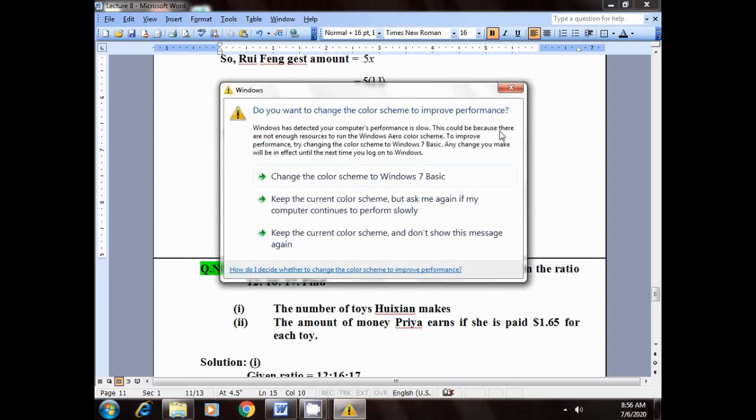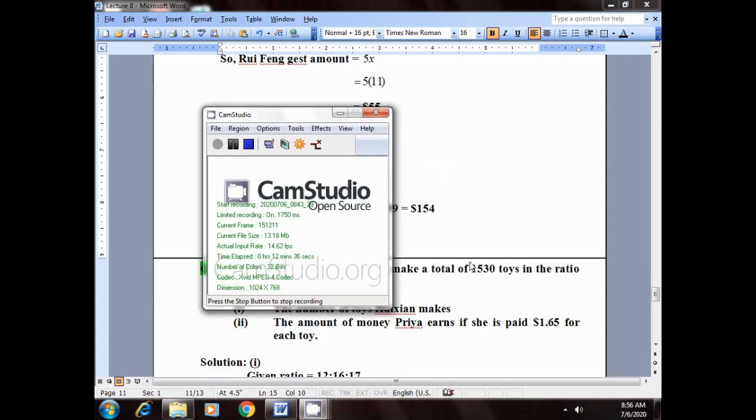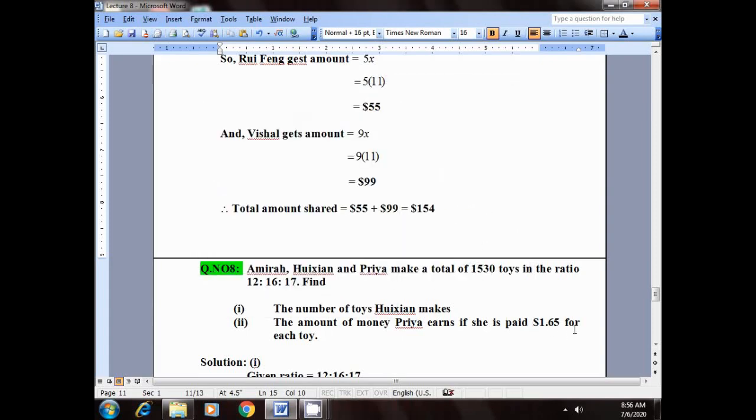So first of all, we have three names, Amira, Hyuxian and Priya, and their ratios 12:16:17, and we have the total number of toys, which is 1,530.